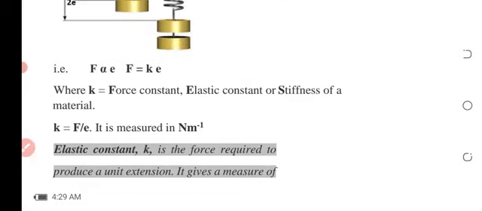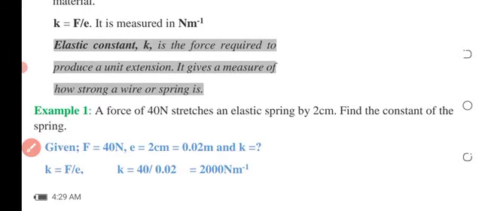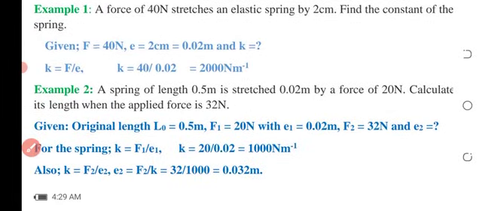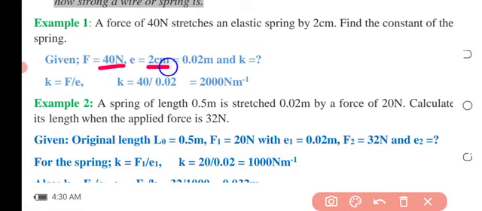Now we want to use this equation coming from Hooke's law in solving some problems. Let's look at example 1. We have a force of 40 Newton that stretches an elastic spring by 2 centimeters. We have to find the constant of the spring, that is, the force constant or the stiffness of the spring. Looking at the given parameters, we have the force of 40 Newton, which is causing an extension of 2 centimeters.